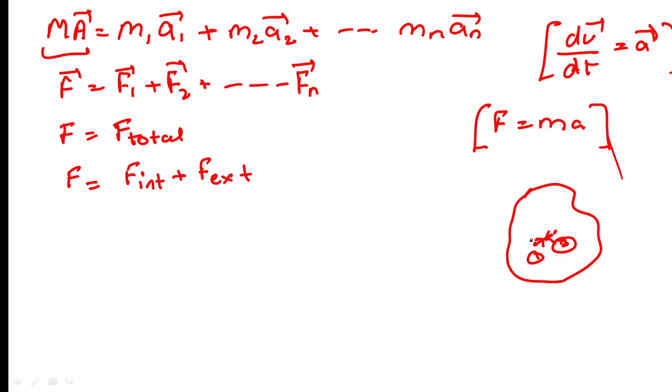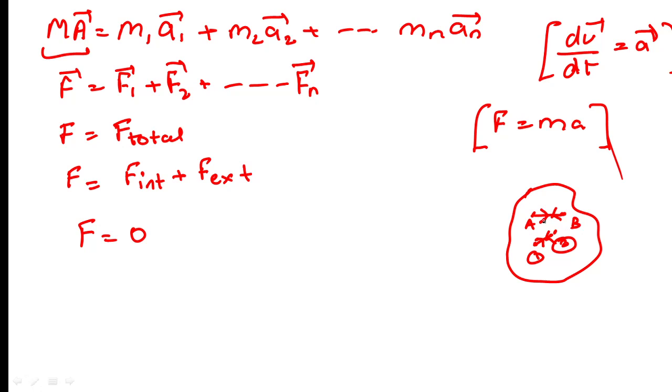These two particles interact with force on each other, and these internal forces cancel out, so the value of the internal force becomes 0 according to Newton's third law: for every action there is an equal and opposite reaction. So the internal forces inside the body become 0 because these two forces cancel out.